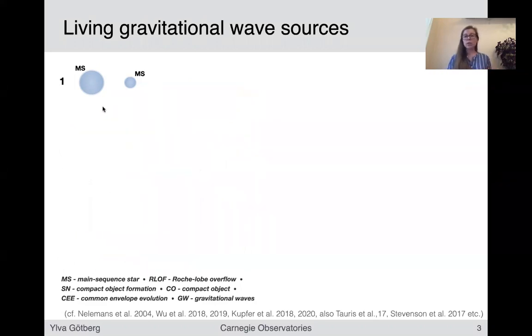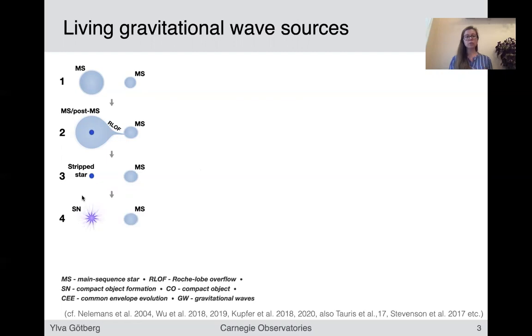It starts with two main sequence stars orbiting in a binary. As the most massive star in the system evolves, it swells up and fills its Roche lobe, transferring the envelope to the companion star. What is left is the stripped helium core, or something that I like to refer to as a stripped star. Eventually, that stripped star becomes a compact object.